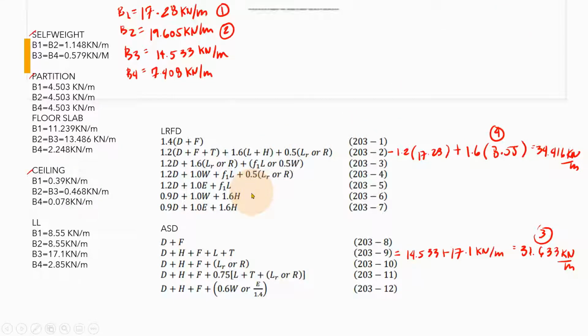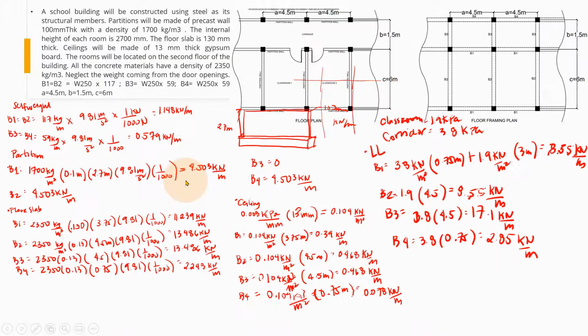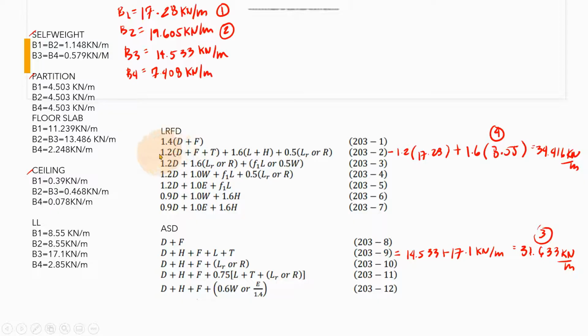And then for our number 5, determine the total load in beam 4 using LRFD. So using LRFD, so ganun ulit, beam 4. So we have 1.2 multiplied by 7.408 plus 1.6 of the live load, which is 2.85.